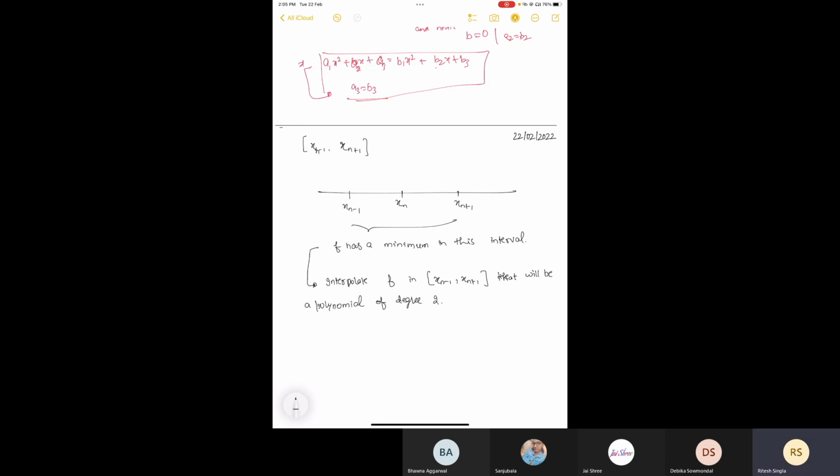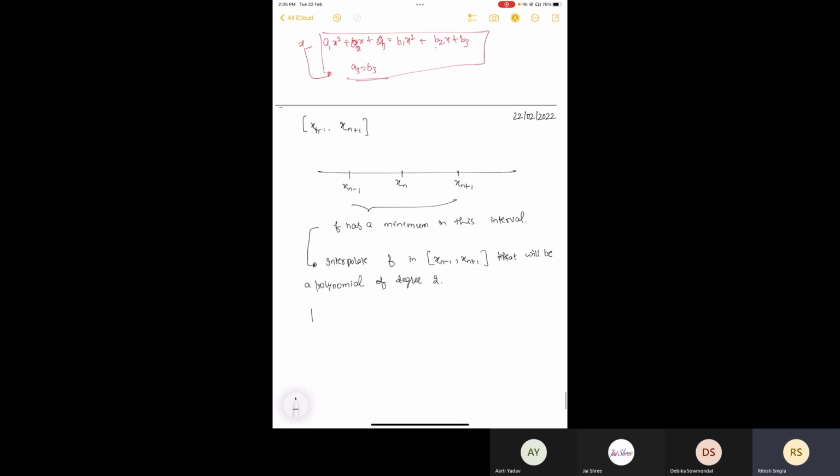So what I'm saying is, if I interpolate my function f in this interval x of n minus 1 up to x of n plus 1, and I get a function say p, so that p of x of i is equal to f of x of i for i from n minus 1 to n plus 1. So basically at 3 points we are evaluating the function, and then from there I will get some polynomial p of degree 2. Okay.